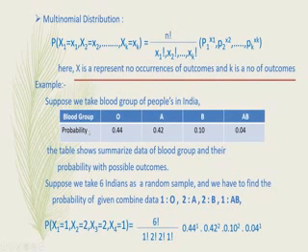This distribution is depicted by this bell-shaped curve, and it is represented by the PDF, the probability distribution function, for a given random variable x ranging from minus infinity to plus infinity.